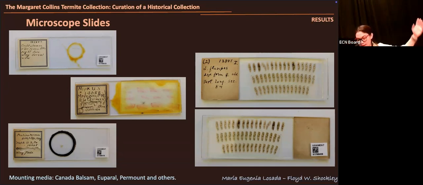So on the left side of that slide, you can see at the top the front of that slide, and the bottom one is the back of the same slide.